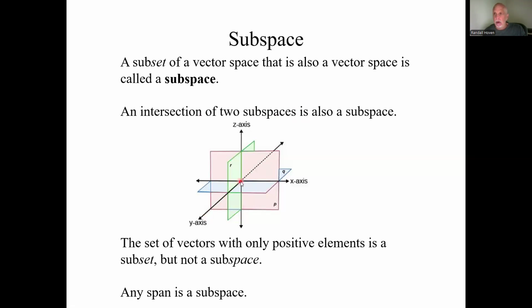They intersect at the origin. The origin itself is the smallest subspace. Any span is a subspace. Because it's a linear combination of things, it contains the origin. It's a subspace.